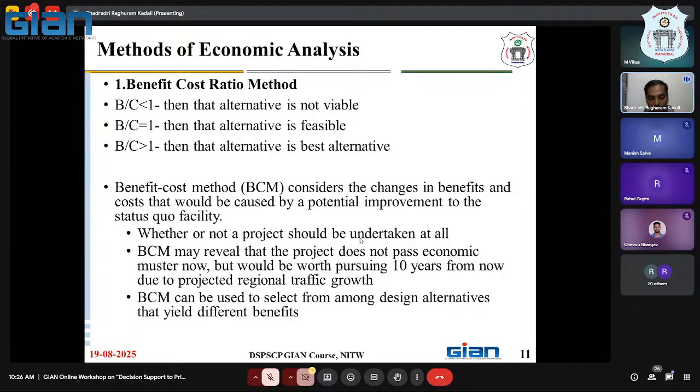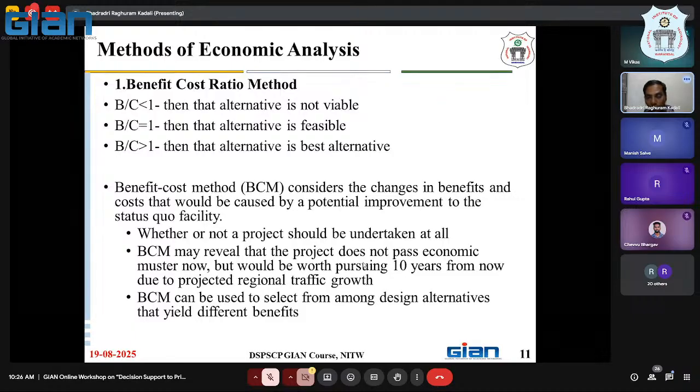The B by C ratio method may reveal that the project does not pass the economic muster. That means even if you get a B by C ratio of more than 1, it does not mean that this project is ready to be taken up. We still have to do further economic evaluation with different methods, because sometimes the benefits are looked at in a very high way compared to the cost.